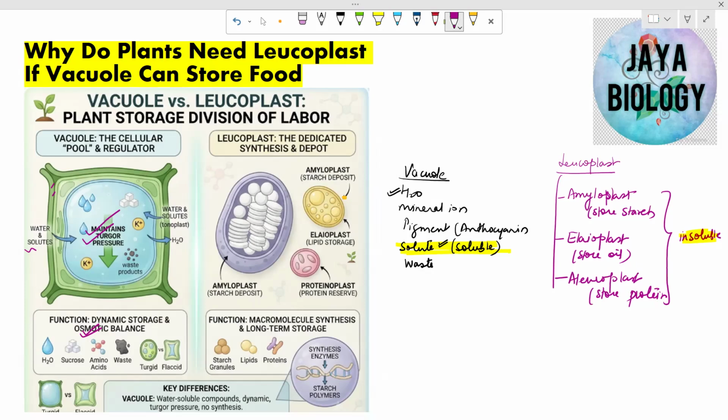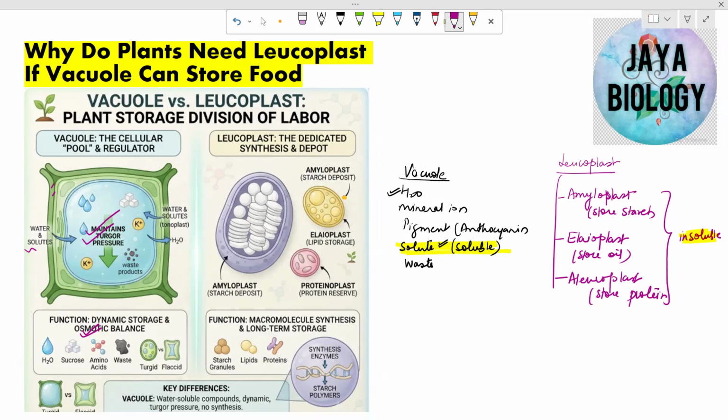You store rice, pulses and all these things in a dry container, not in water, because it will spoil your food. So the drinking water bottle which has water is like the vacuole, and the container where your food is stored is like the leucoplast. Both do storage, but their purposes are different.